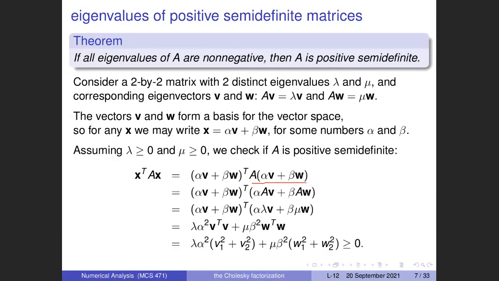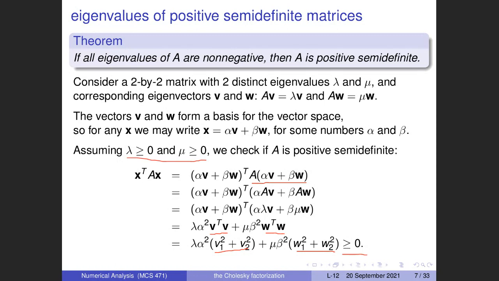Then we have the quadratic form where, whatever the coordinates of the eigenvectors are, we just square them. So all the numbers of these two inner products are positive numbers. The alpha and the beta depend on the value of x, but we square them, so they are also positive numbers. Fine, so the only two numbers that do not appear as squares are lambda and mu, and they are non-negative.